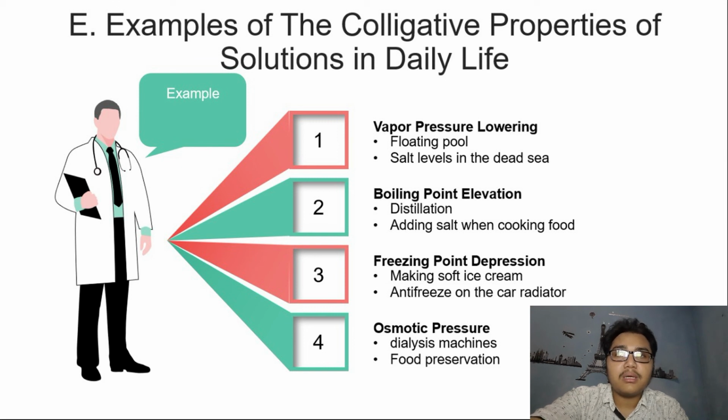The third is freezing point depression, that is making soft ice cream and antifreeze in a car radiator. The last one is osmotic pressure, that is the dialysis machine and food preservation.